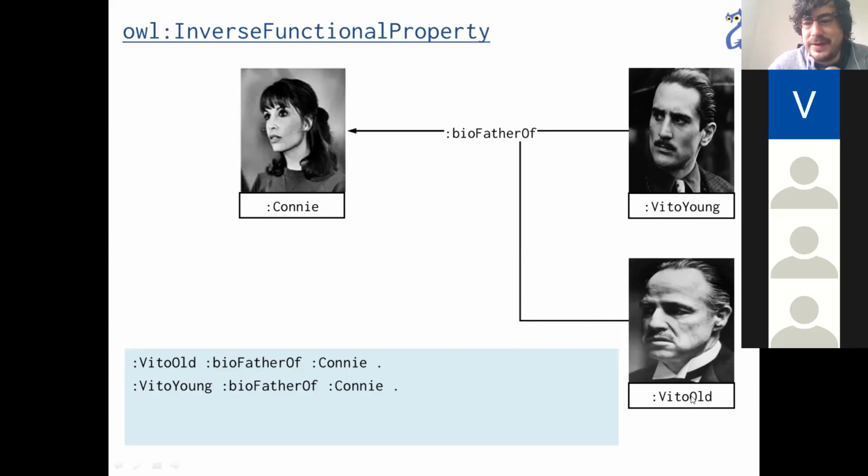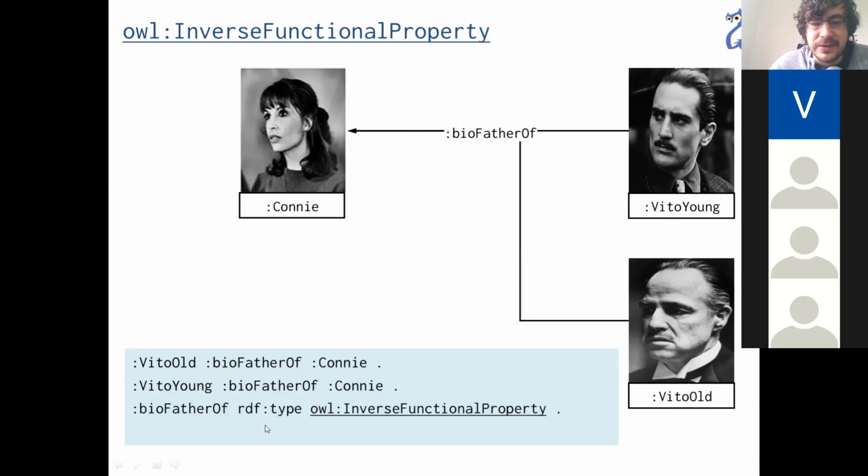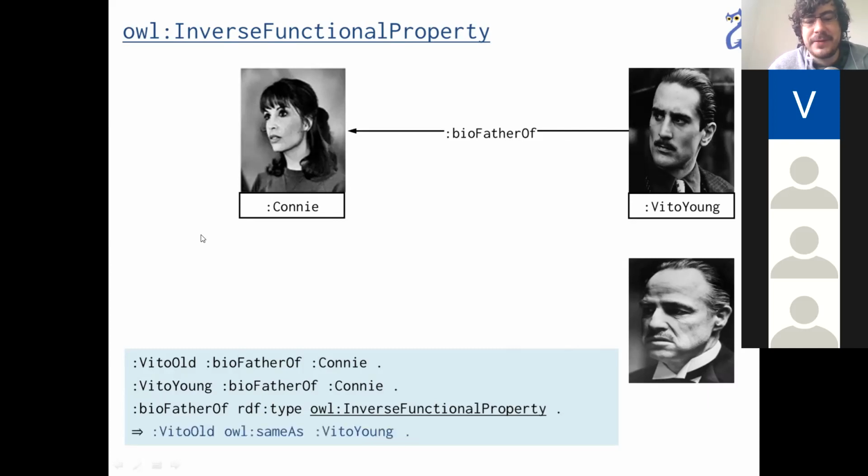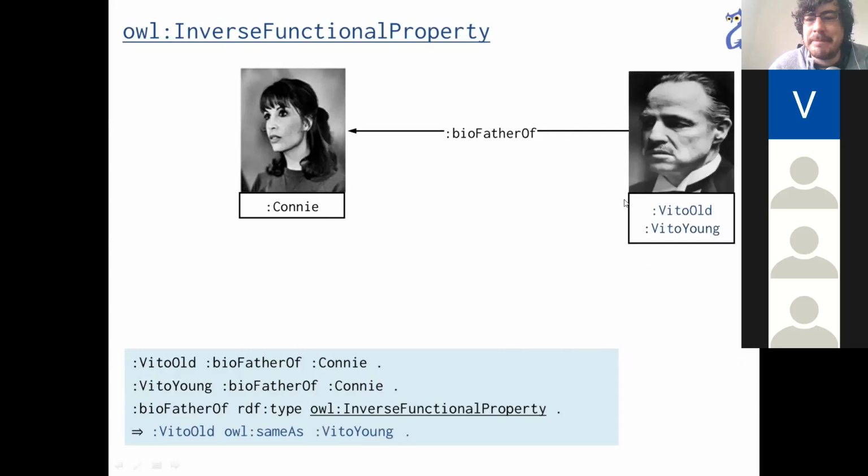So it's this case of Vito old has a biological father of Connie, and Vito young is the biological father of Connie. And if we define biological father of as of type inverse functional property, it means that if two nodes have the same value for biological father of, they must refer to the same entity, right? So we infer here that these two must be the same, two names for the same person.